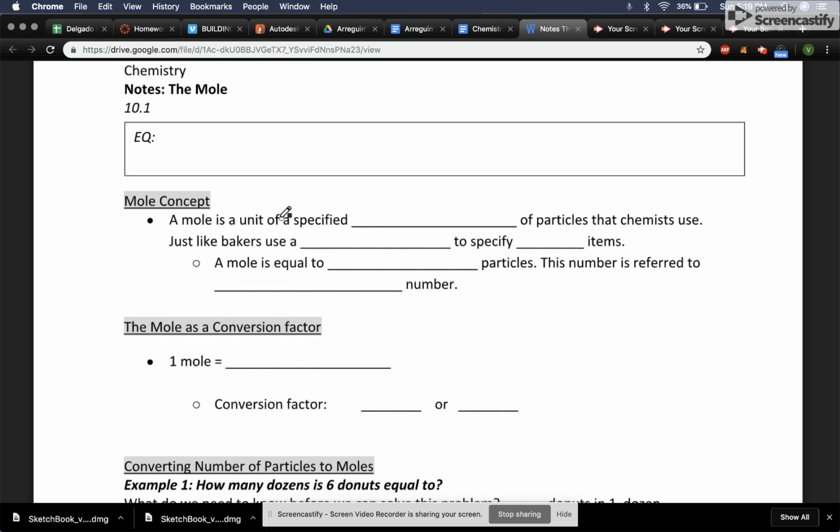So the first part, mole concept, the entire concept of the mole is a mole is a unit of a specified number of particles that chemists use.